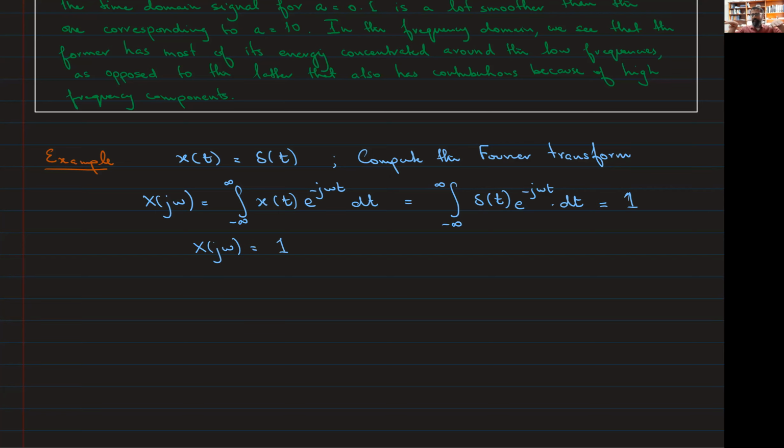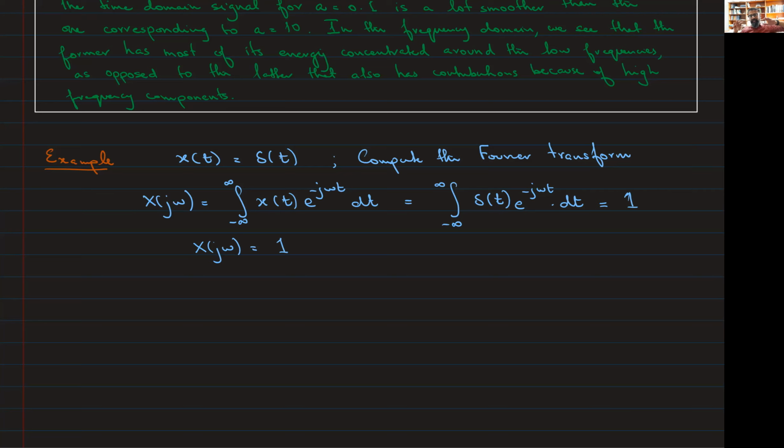It stays flat. What does this mean really then? That means that, as far as the frequency is concerned, all frequencies from minus infinity all the way up to plus infinity contribute equally to make up this unit impulse function, right?